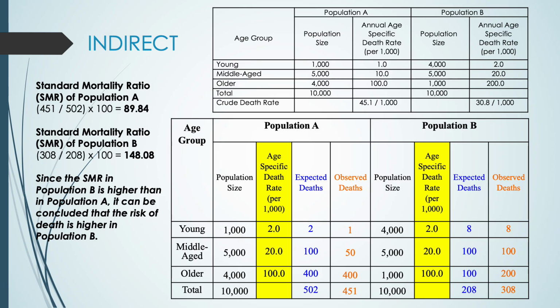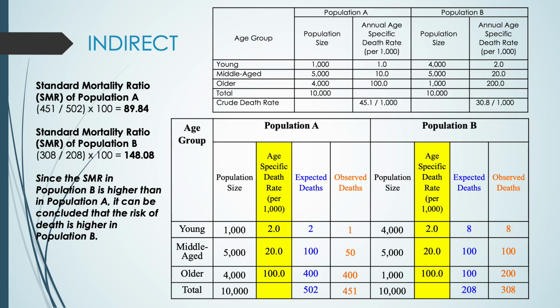So we have 1,000 in the young for population A times 1, which is the original value of the annual age-specific death rate, divided by 1,000 is equal to 1 observed death.